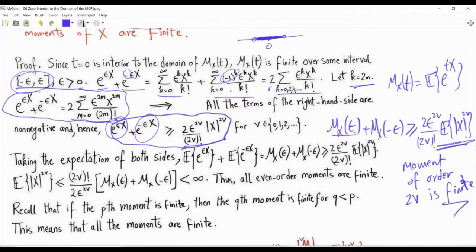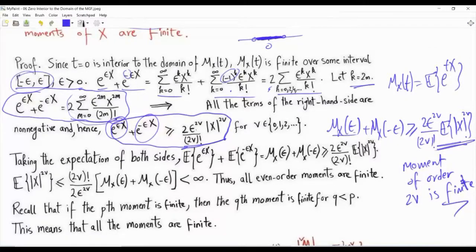But this is true for every v, because this is a sum of non-negative terms, and it is greater than or equal to any of its terms. So v is really generic. It can be 1, 2, 3, so the moment can be any moment of your choice. But those are even.